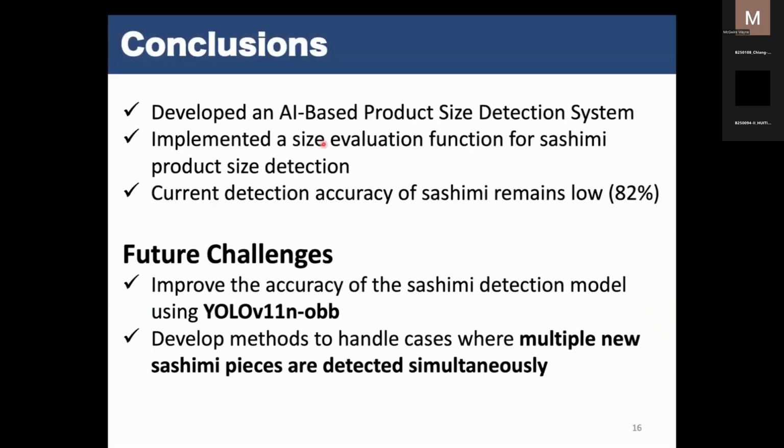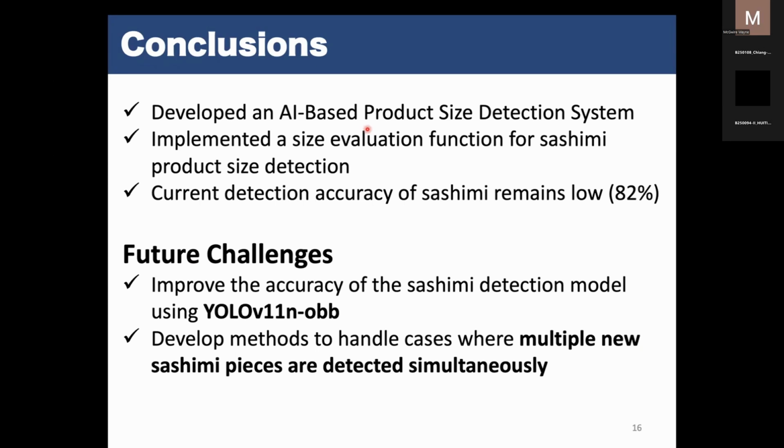So let me conclude my presentation. I believe that we successfully developed an AI-based size detection system that integrates into seafood processing lines. Firstly, we used the YOLO version 8 model, and the accuracy was about 82%.